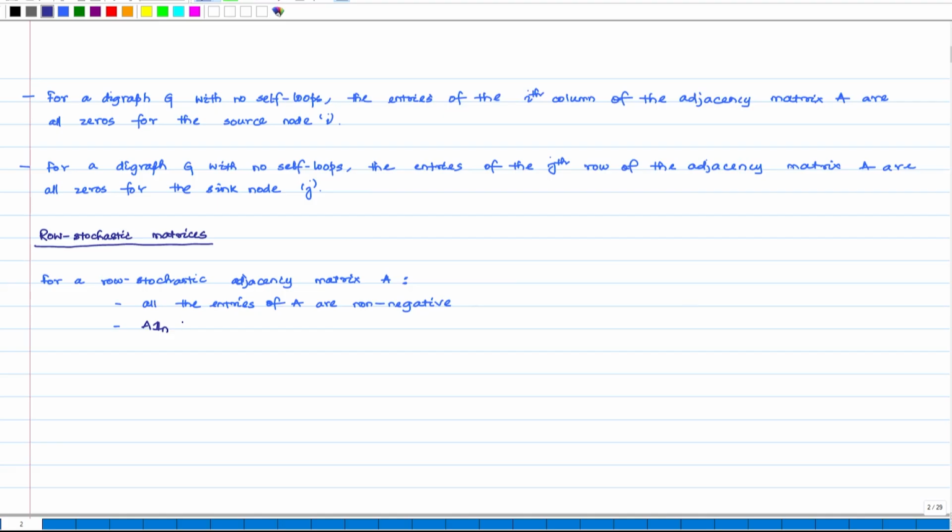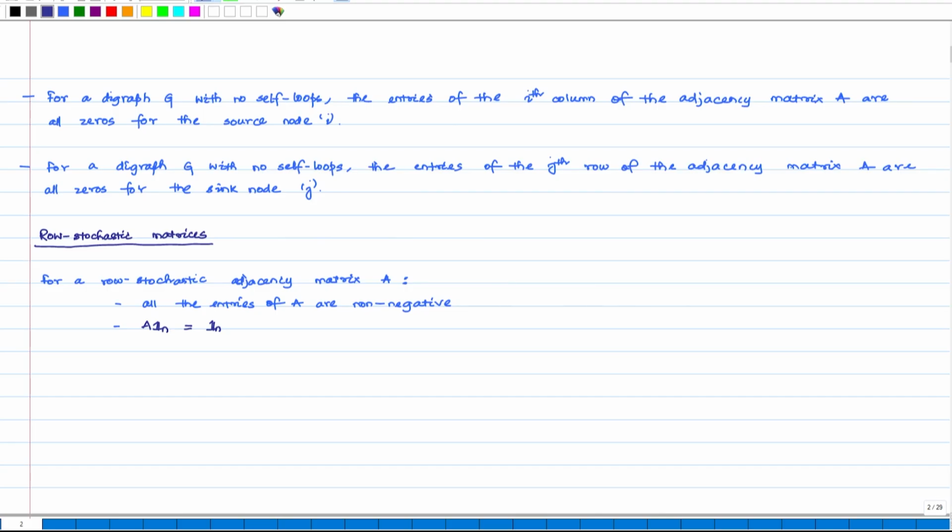A 1n simply represents a vector whose every entry is nothing but the sum of each of the rows. This adds up to 1. So, these are the two properties that the adjacency matrix satisfies when it is row stochastic in nature.